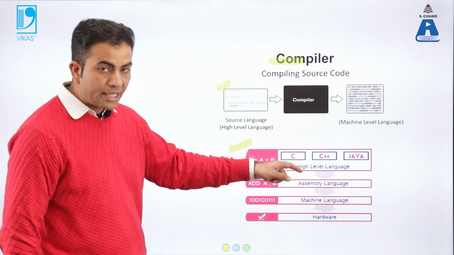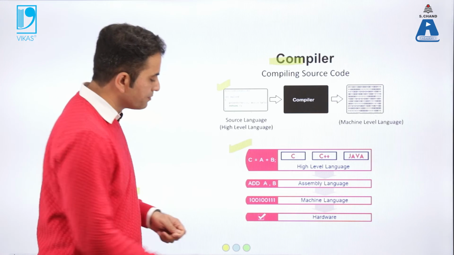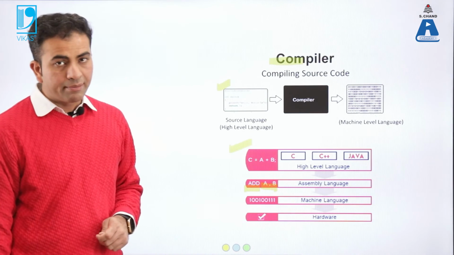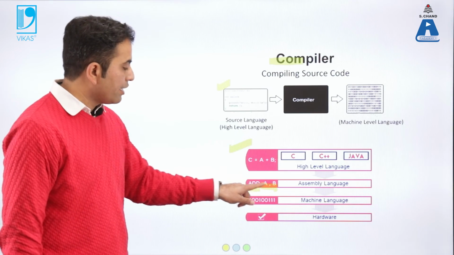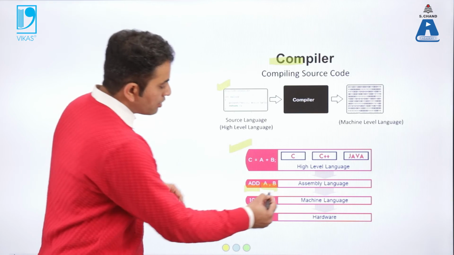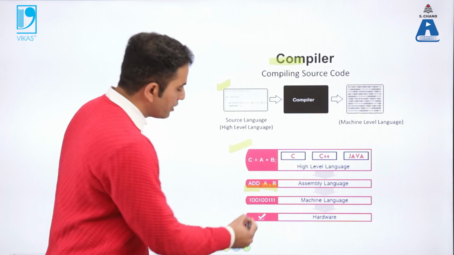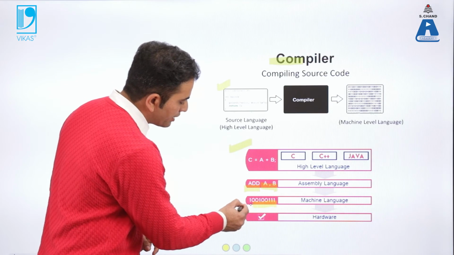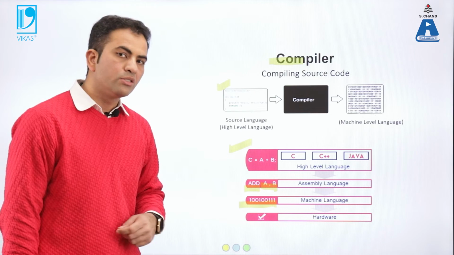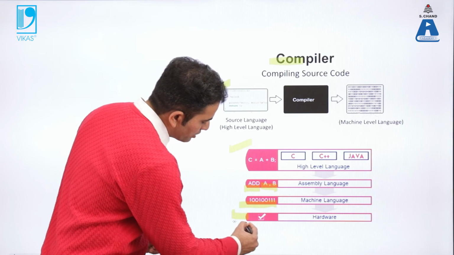Now the compiler translates this high level language into assembly language, that is ADD A B. This is also easily understandable by humans: add A and B. Then the assembler translates this assembly language into the machine language, that is binary language, in the form of 101010. After this, the hardware executes this language.